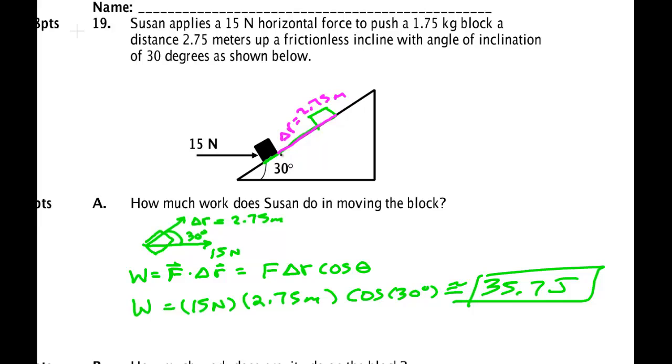But I also say, hey, look, I know this. There's a triangle here. This is 30 degrees. And this is delta y, which most people generally call h. So to find this side, I need to use the trig function, the sine, times delta r.